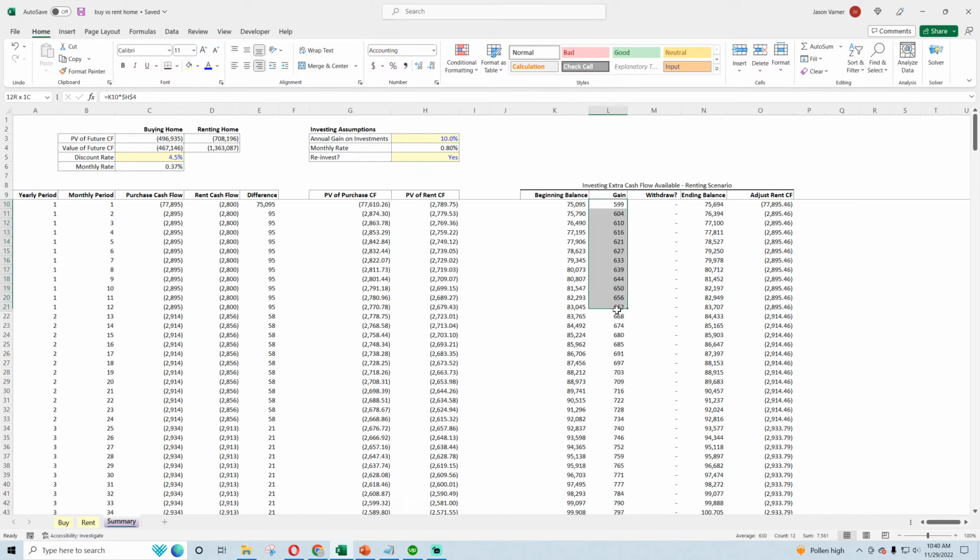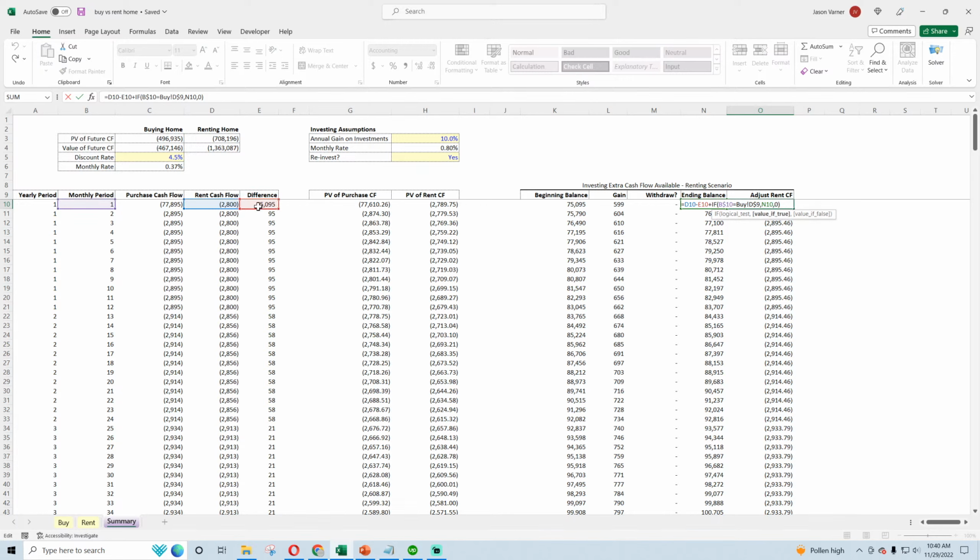We have this gain. So we have an initial difference here. And we're saying, okay, if we're renting, this is the amount we're saving by not buying a house. So now we're going to invest that. So now the cash flow is you subtract that. You're investing it in your own investments instead of the house. So it is cash going out.